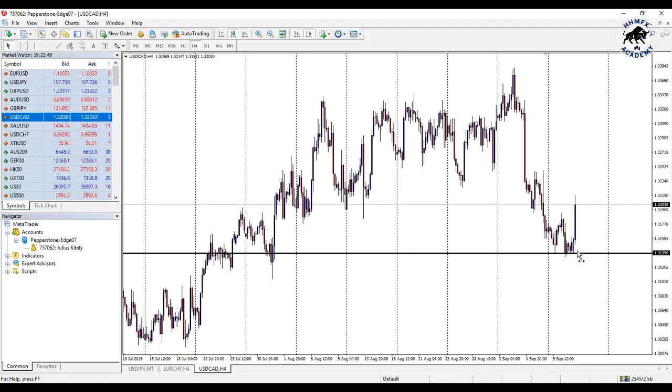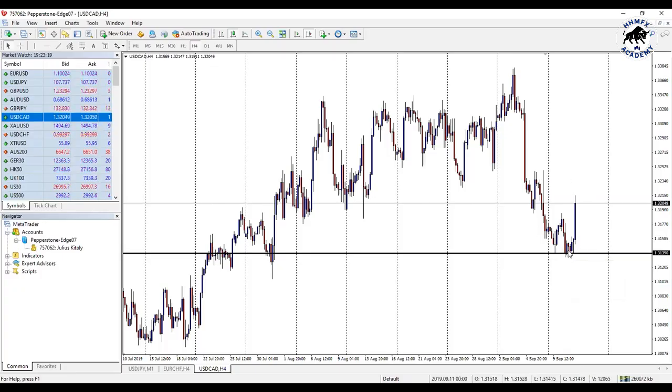And why is this clear support? Because you can see it's where buyers placed their orders, and you can see the market behaved, and the market went up because we had a lot of buyers at this zone, and they were able to pull the market up because there were a lot of positions for buying at this place, at this zone, and they were able to move the market up.